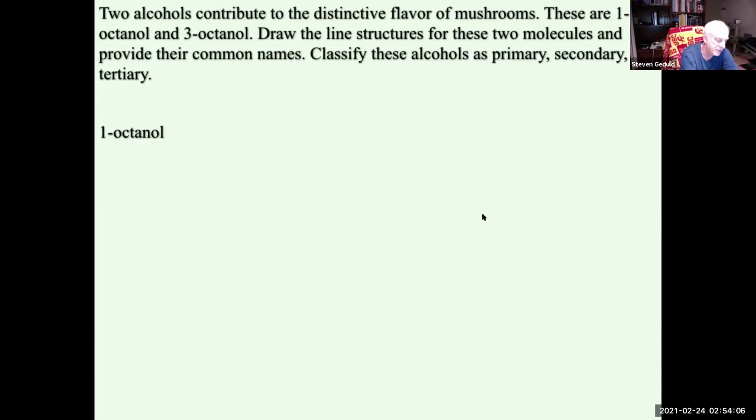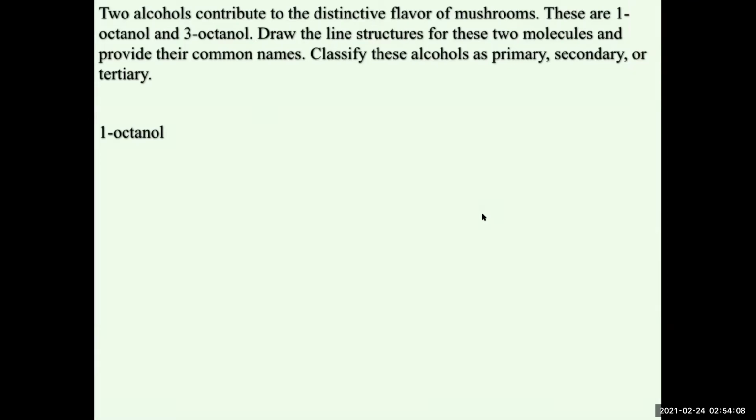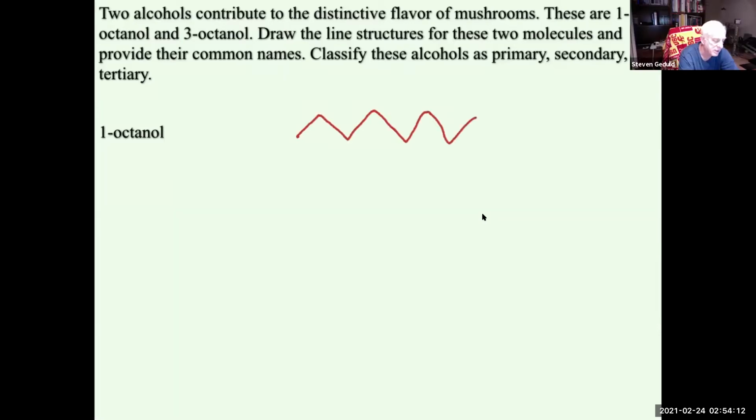8. So draw the line structure. 1, 2, 3, 4, 5, 6, 7, 8. And at number 1, there's a what? OH group. Because octanol means an alcohol. Number 1 position, 8 carbons, all single bonds. That's the line structure.